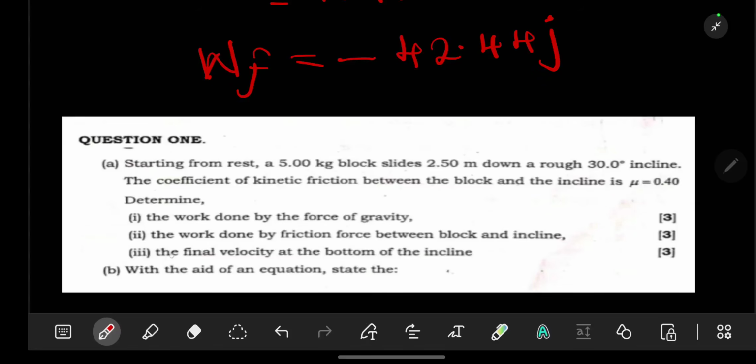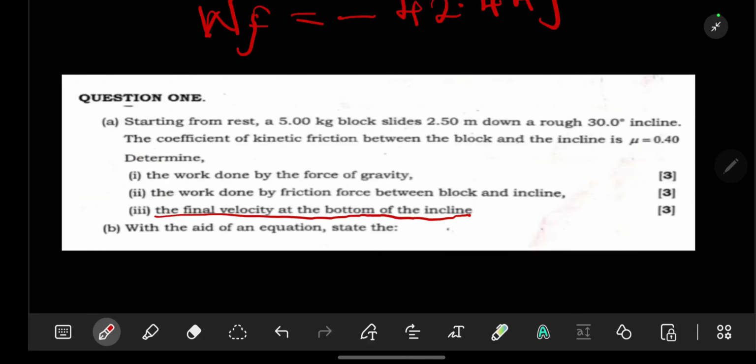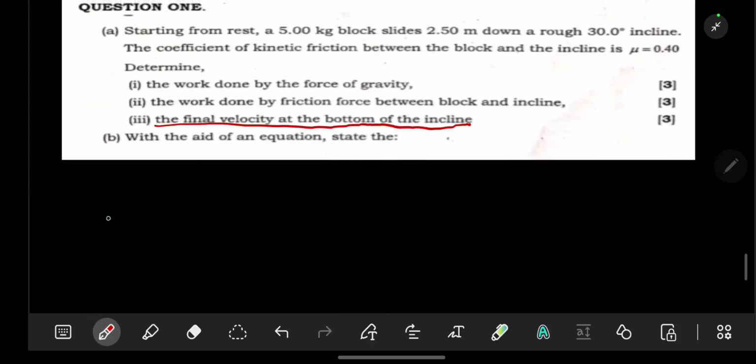Looking at this other one, we have the final velocity at the bottom of the incline. We are going to solve it in two ways. Remember, we have two formulas which we can use. The net work done, according to the Work-Energy Theorem, should be equal to the change in the kinetic energy.